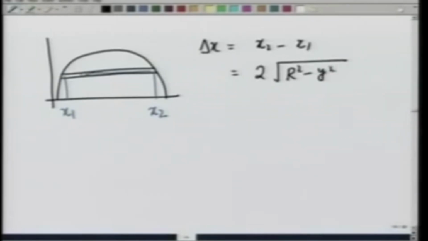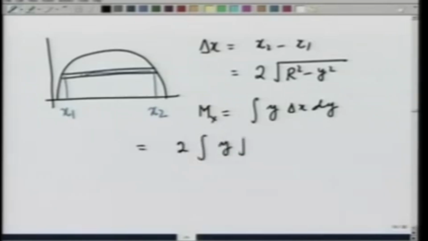Remember, we are after mx, which is equal to integral y delta x dy, which in this case is therefore going to be 2 integration y square root of r square minus y square dy, y varying from 0 to r.